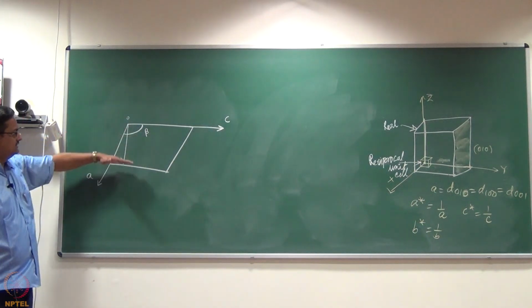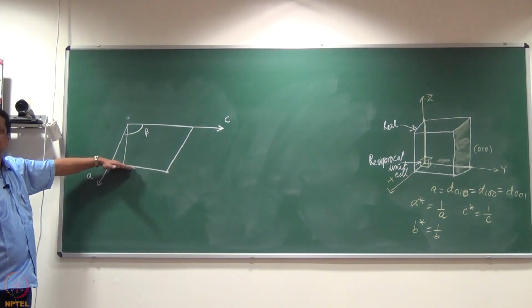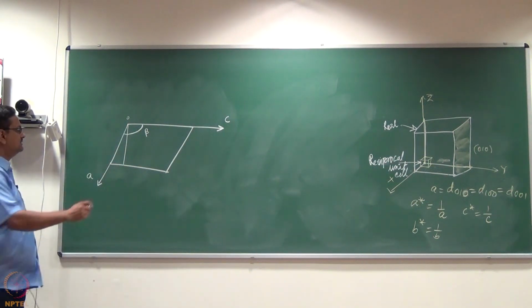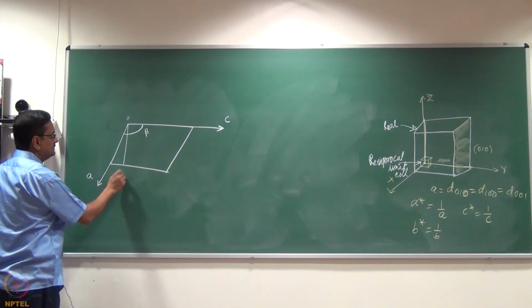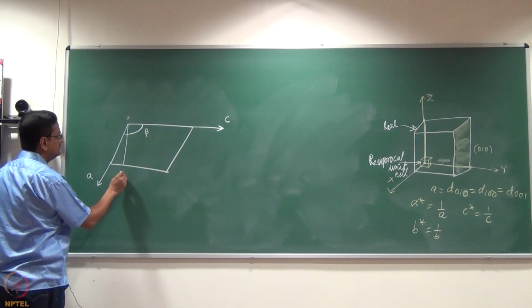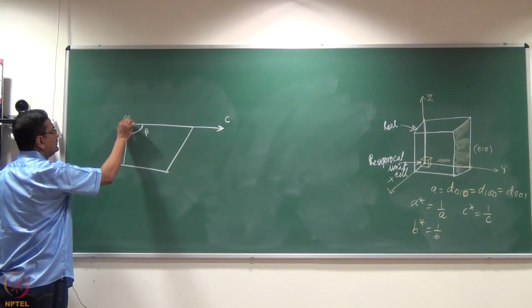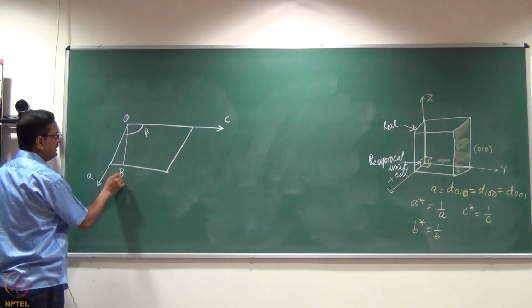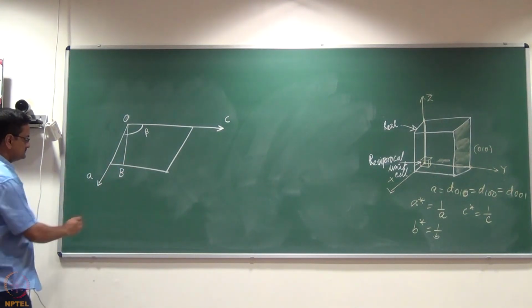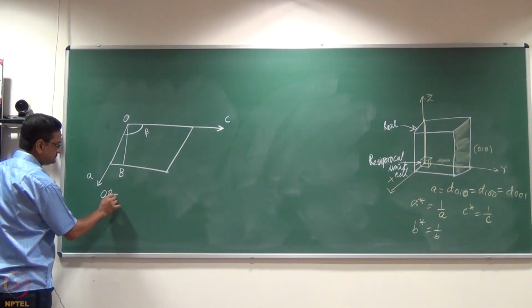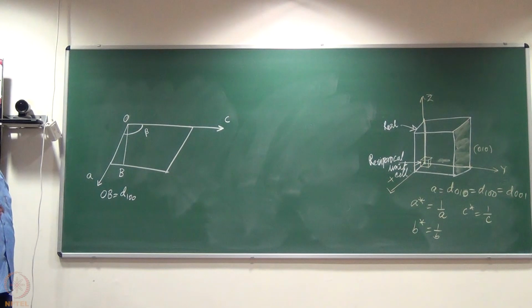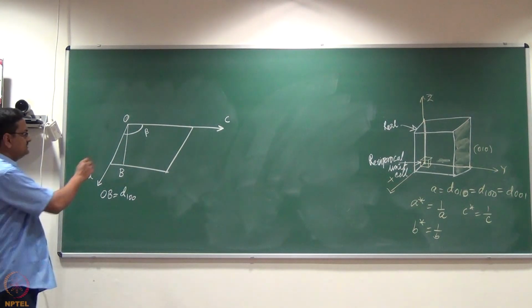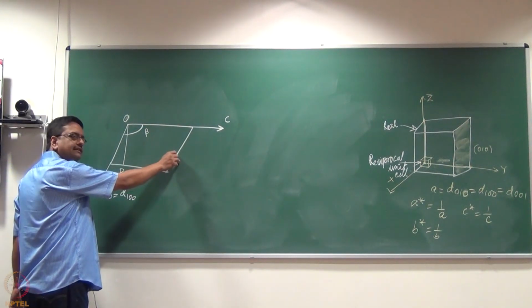This plane is parallel to B and C, that is 100. And what is the distance between this and that plane?